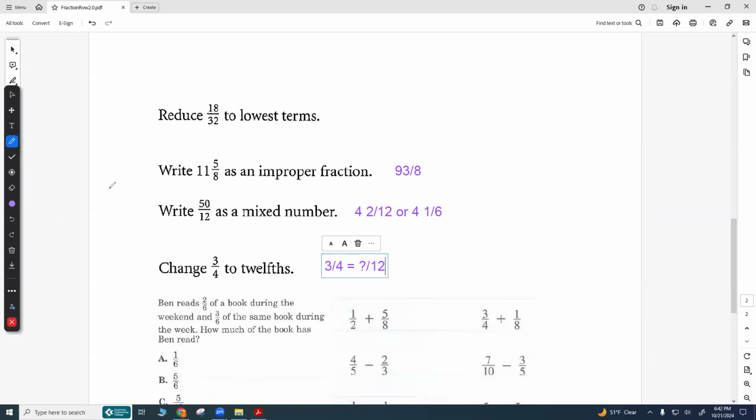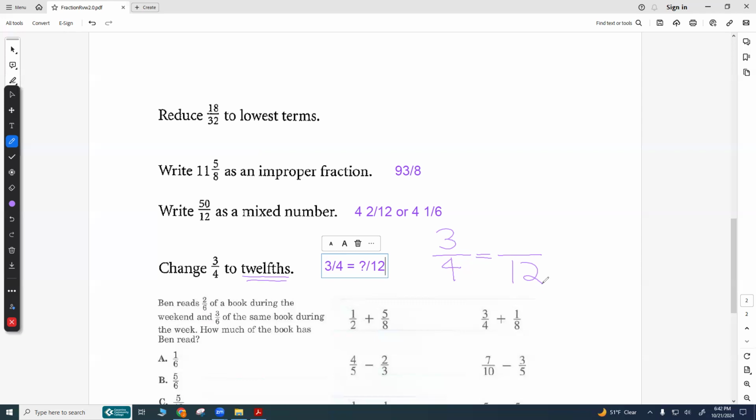So you could definitely make a proportion or you could just kind of see it. If it says change this fraction to a different fraction, we know this is our denominator. So once again, it's telling us what is the equivalent form of 3/4 as 12ths? So we take our 4 parts and split them up into 12 parts now. So if we had 3 of those 4 parts, how many of the 12 parts would we have?